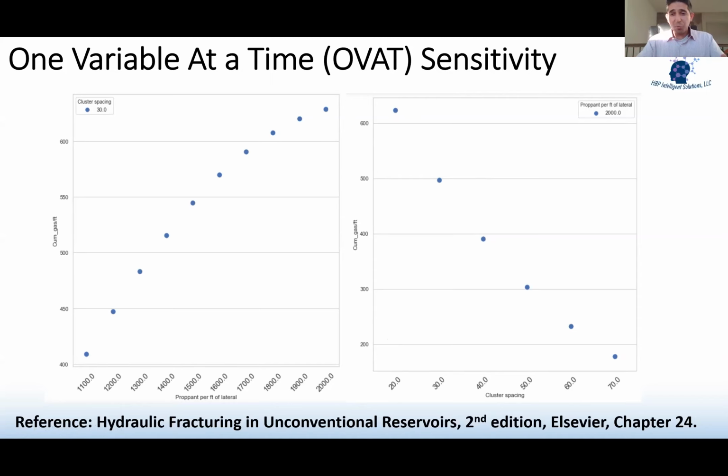Now that you understand the impact of going from this design to another design, and you can change multiple variables at a time if you want to, once you're satisfied with the model, you can do your economic analysis to figure out what is my optimum completion design at different commodity pricing, because we know that commodity pricing has a huge impact on your design.